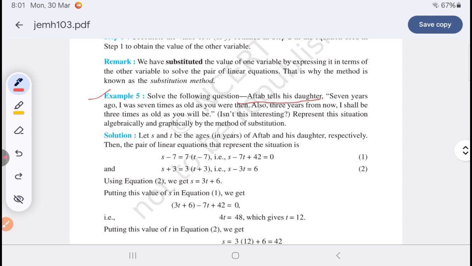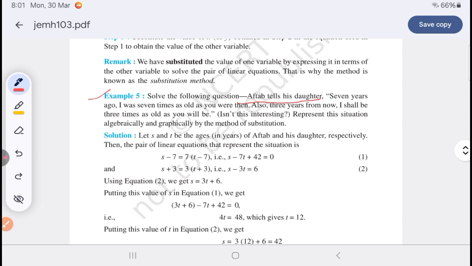That means 7 years ago, his age was 7 times his daughter's age. Okay? So that is condition 1. Also, 3 years from now, I shall be 3 times as old as you will be.